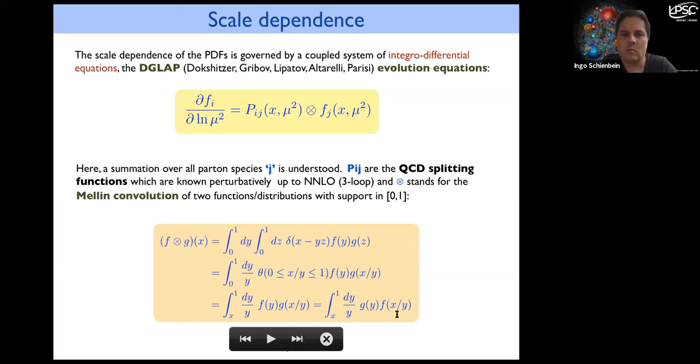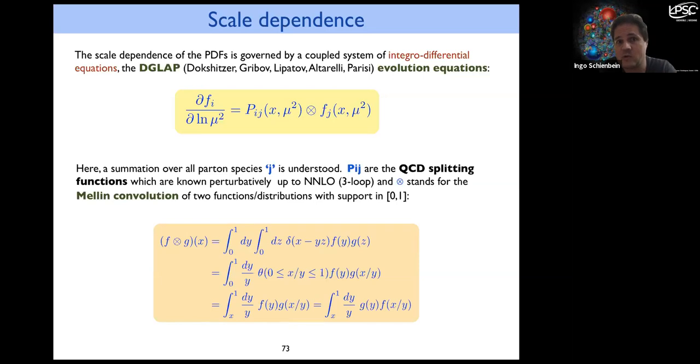No matter how you derive it, at the end you have this Altarelli-Parisi evolution equation, which is a coupled system of integro-differential equations, right? You have one for each parton flavor, so how many parton flavors do we have? u, ubar, d, dbar, s, sbar, c, cbar, b, bbar, t, tbar, and the gluon.